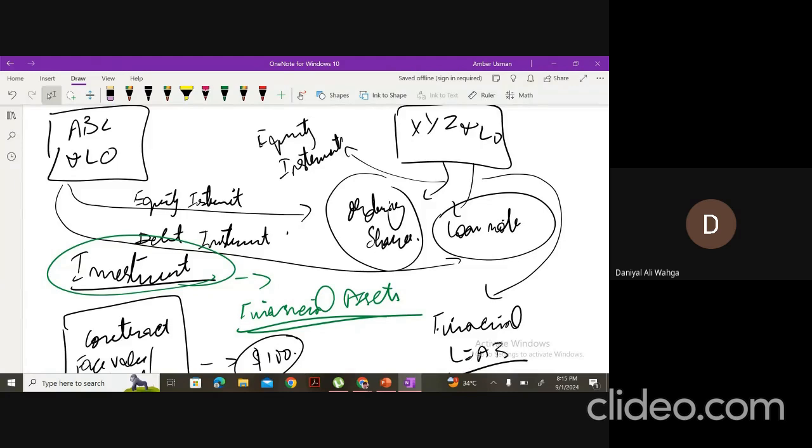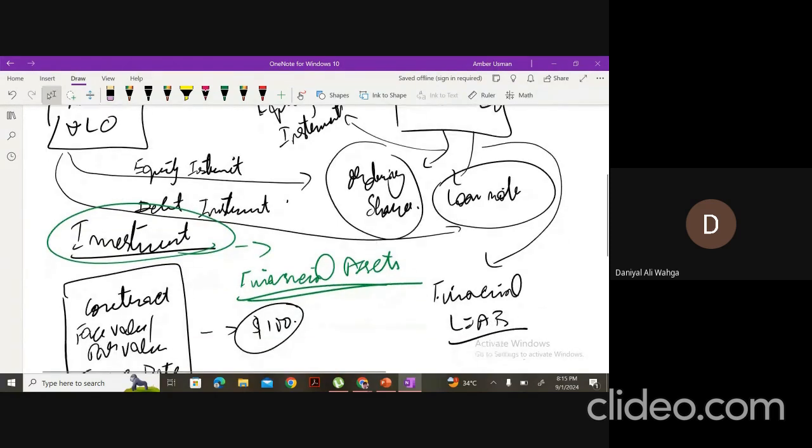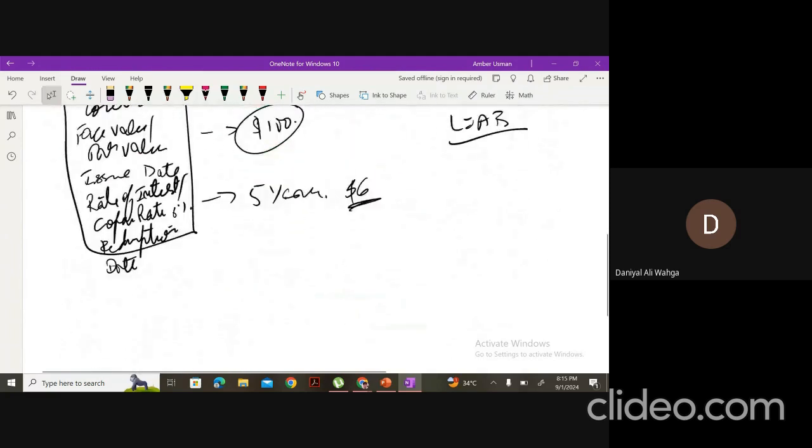Very easily, if I put it to you, from the perspective of the company that has invested a certain amount of money, it is a financial asset, and the company that has issued those instruments can class them either as equity instruments or as financial liabilities. So this is the background knowledge which you need to understand.